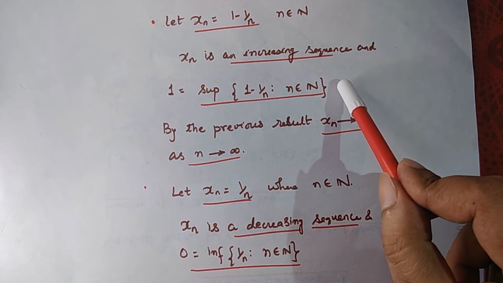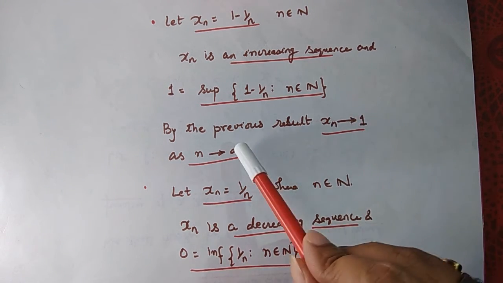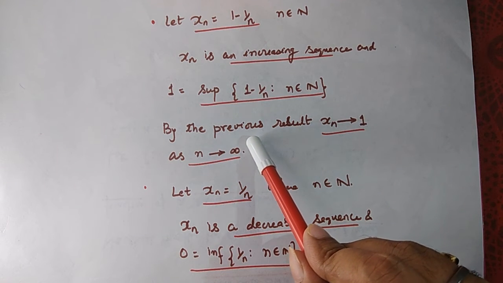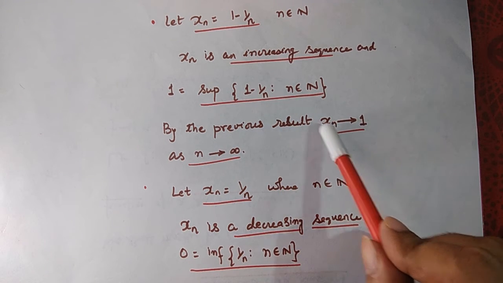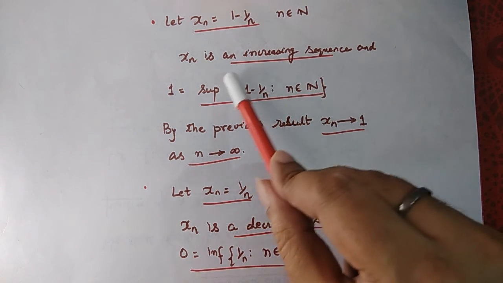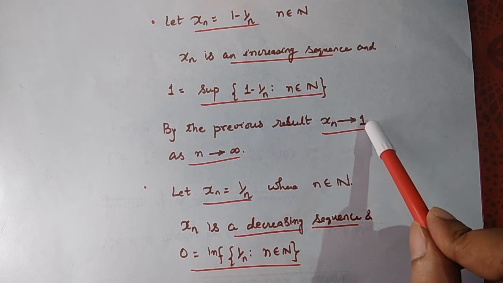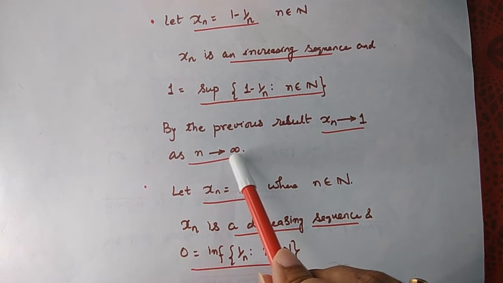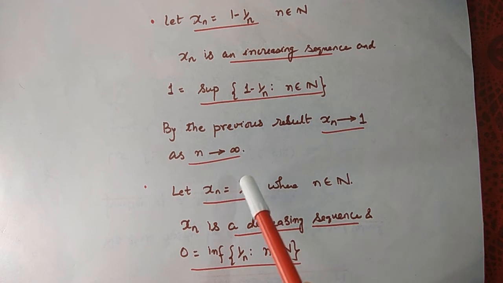This we have already seen in the previous lecture. Now by proposition 4, it is immediate that this sequence 1 minus 1 by n converges to its supremum, which is 1. So xn converges to 1 as n tends to infinity.